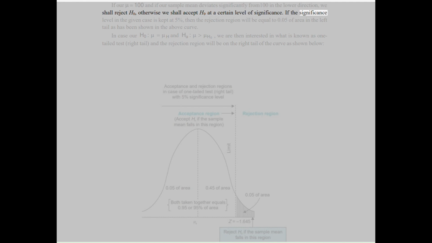If the significance level in the given case is kept at 5%, then the rejection region will be equal to 0.05 of area in the left tail as has been shown in the above curve. In case H0 is μ = 100 and Ha is μ > 100, we are then interested in what is known as a one-tailed test, right tail, and the rejection region will be on the right tail of the curve as shown below. Pause the video to look at the figure.